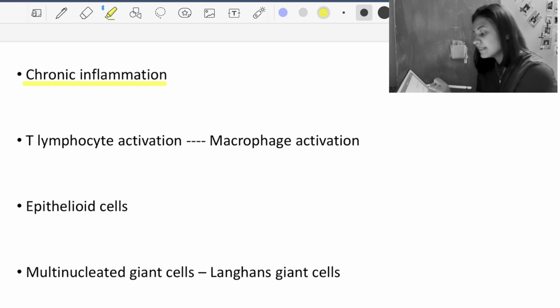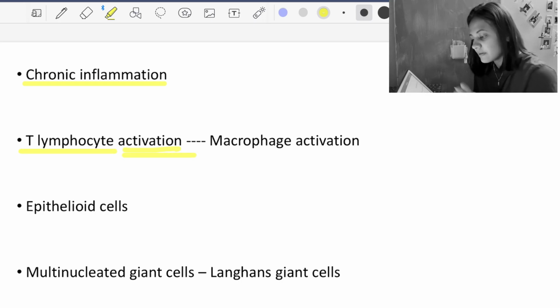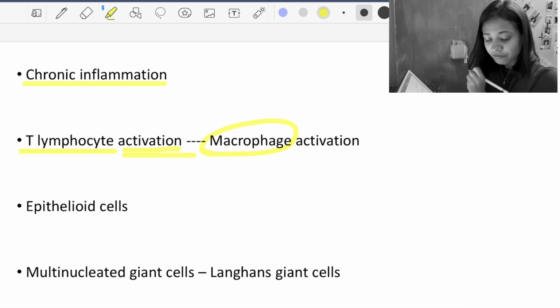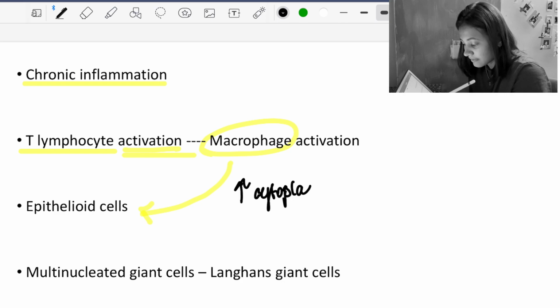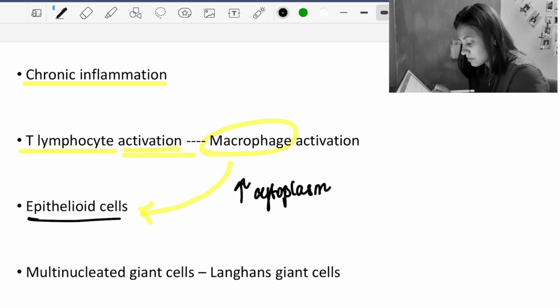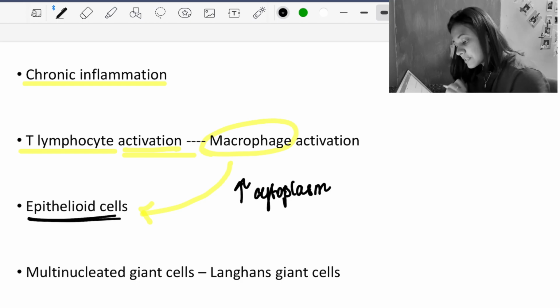Here the T lymphocytes get activated, and when they do, they cause macrophage activation. When these activated macrophages gain an increased amount of cytoplasm, they turn into epithelioid cells. These epithelioid cells are the basis of granuloma formation. How do they look?